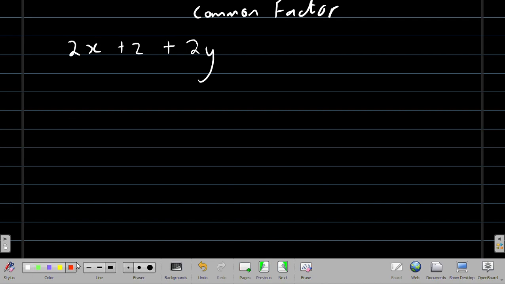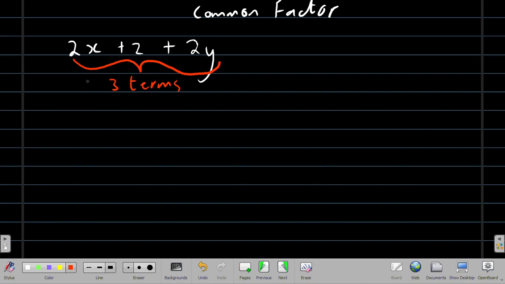This expression has a total of 3 terms. Please assume everybody knows what terms are, but if you don't, please do leave a comment and I'll try to make a video. But anyways, an expression will have multiple terms, so in this case it's 3 terms.